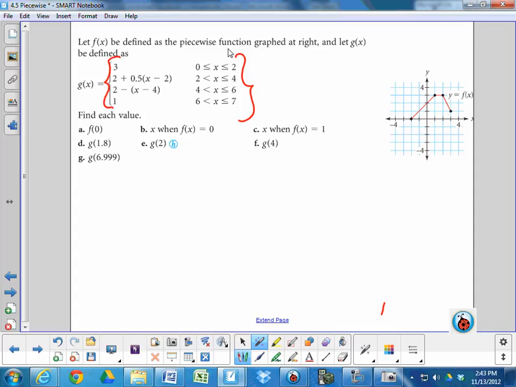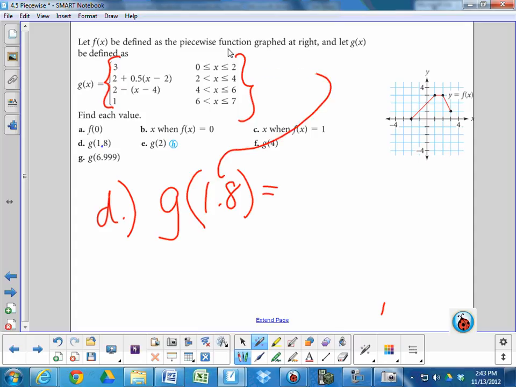For example, in D, they're saying, you've been in this parking garage, get it, G, for how long? 1.8 hours. So you look up here to say, which range is that in? Top, second, third, or fourth? The top one. 1.8 is in that domain.